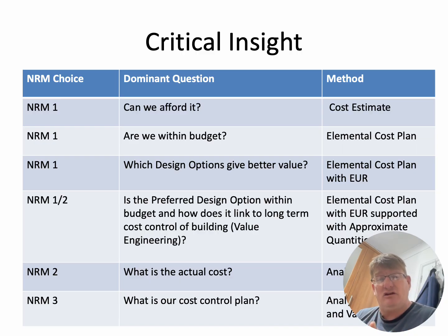And again, you can take it a stage further. You've got an elemental cost plan with an EUR, but it's actually now supported by approximate quantity. So it's a lot more accurate. So therefore, the information it's going to give is a lot more accurate. And therefore, you'll be able to determine whether that budget is actually affordable for you, and that design option is within your budget constraints.